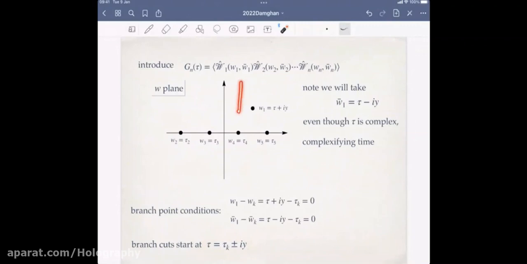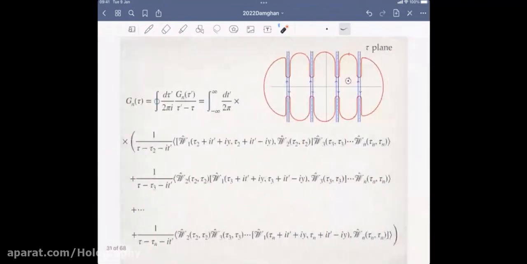So basically, I'll have branch cuts that come up and down from these points on the x-axis where I've located all these other insertions. So here's the picture. Here's the caterpillar, the hungry caterpillar contour with the branch cuts here going up and down the y-axis or parallel to the y-axis that I'm going to have to avoid.